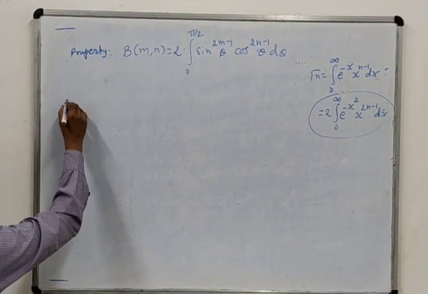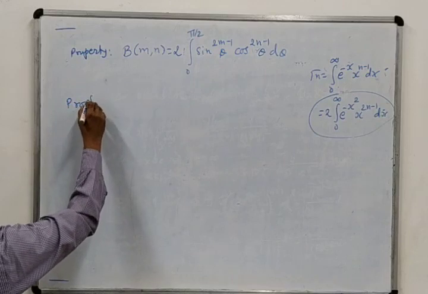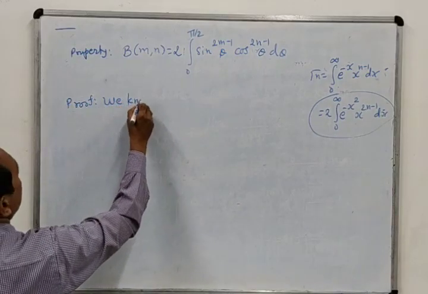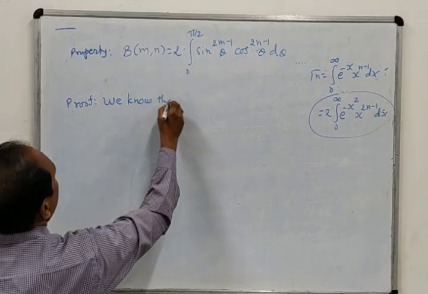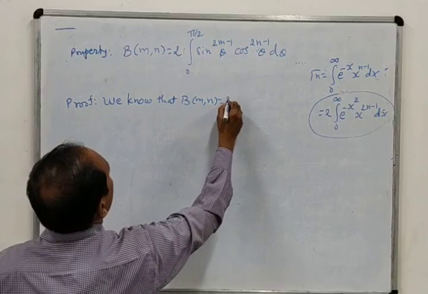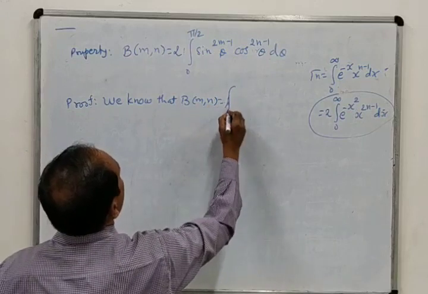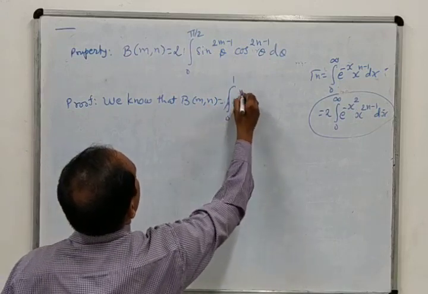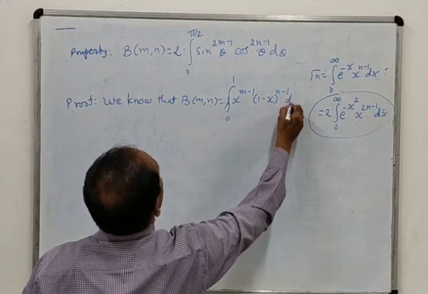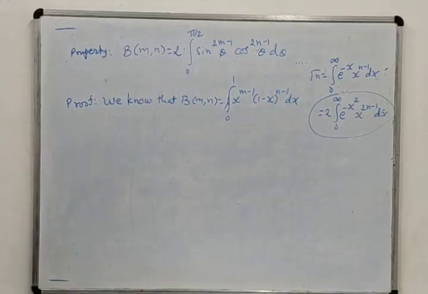So the proof of this property is also very easy. First of all, we write down that we know beta m n equal to 0 to 1 x raised to m minus 1 into 1 minus x raised to n minus 1 dx. Actually we want to convert this problem in terms of sine and cosine.